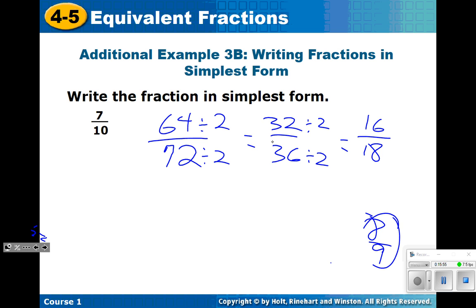And then you go, well, it's still even. But I'd be willing to bet that some of the people in this room are going to stop at one of these because you're like, oh, I already did my division. So you'll stop there. Divide by 2, and you end up with 8 over 9. And then you'll probably stop.